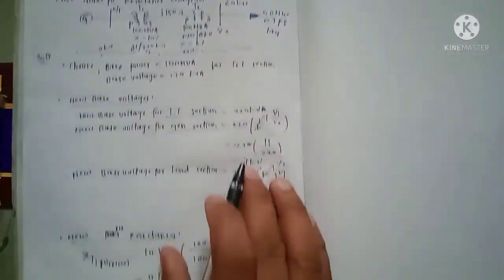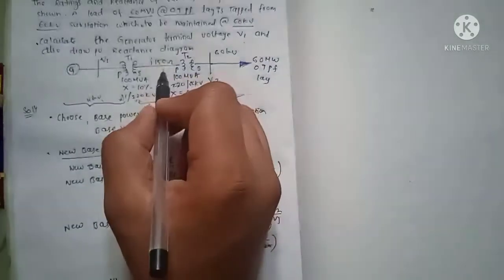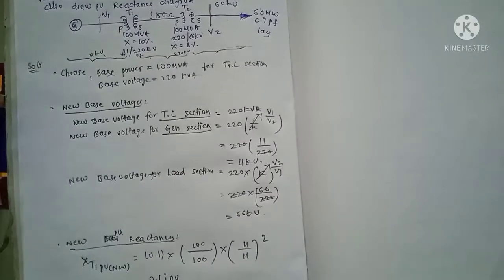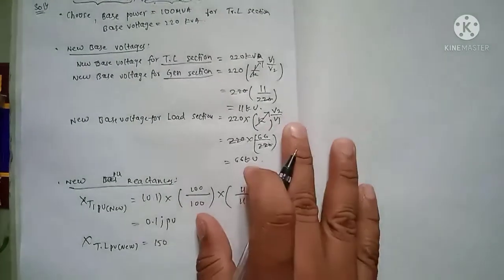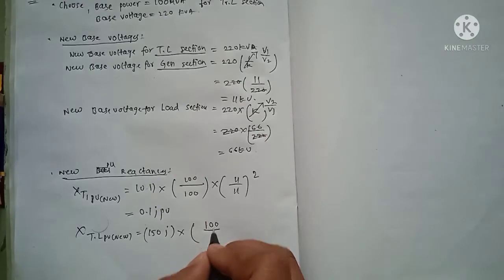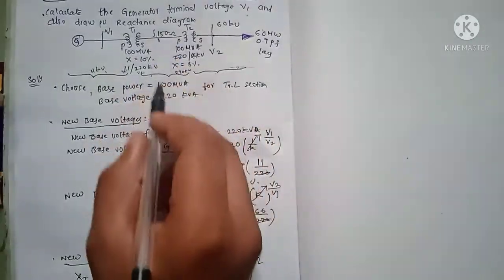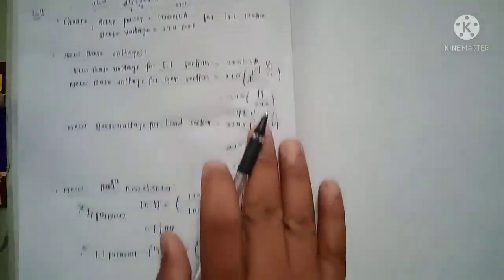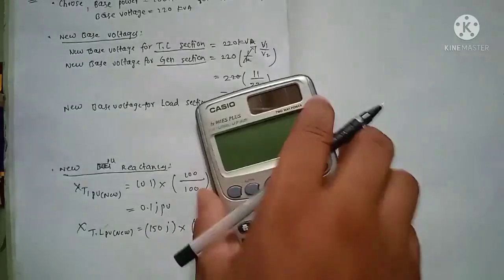Now let us calculate the transmission line section. The transmission line pu new is equal to, they gave 150j, multiplied by the new base power of 100 and the new base voltage of the transmission line section, 220 whole square.